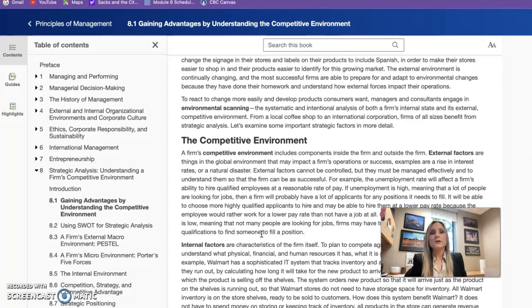External being more like global environment and anything that may impact the firm's success externally, if you will. It could be the rise in interest rates, natural disasters, anything like that, things that are more out of control, that are more external factors, if you will, when it comes to your competitive environment.